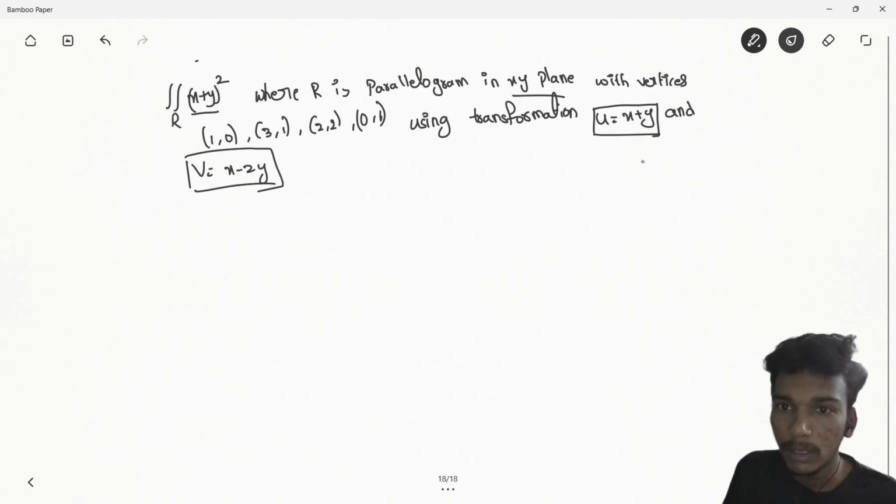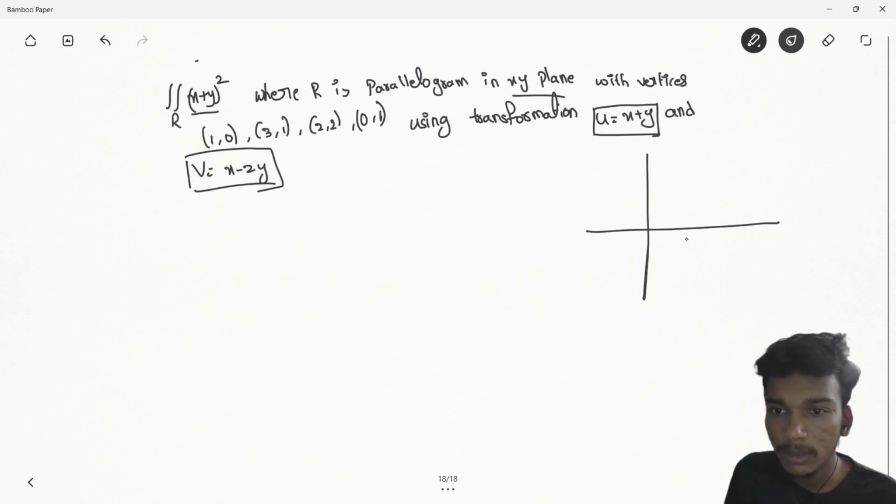These are the original coordinates, x and y, and I'm trying to plot the values. Just like (1, 0), it's going to be on the x-axis, right? Then (1, 0), (3, 1). I'm taking 1, 2, 3, and it's going to be 4.